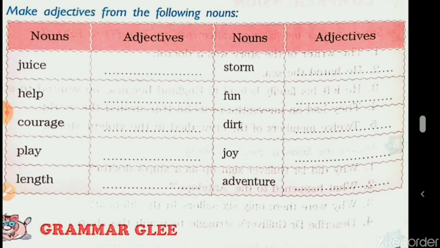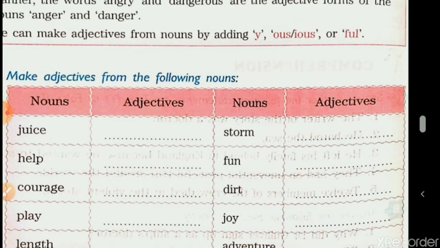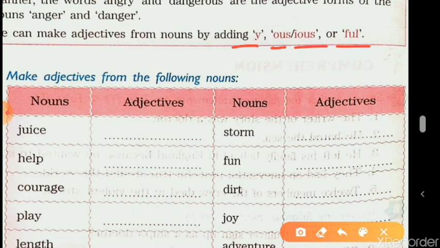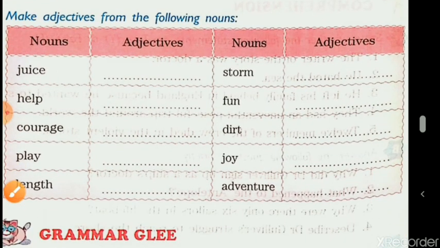Now we have learned how we can form adjectives from the nouns by adding Y, O-U-S, I-O-U-S or F-U-L at the end of the word. So now we'll revise once again. Juice, juicy.